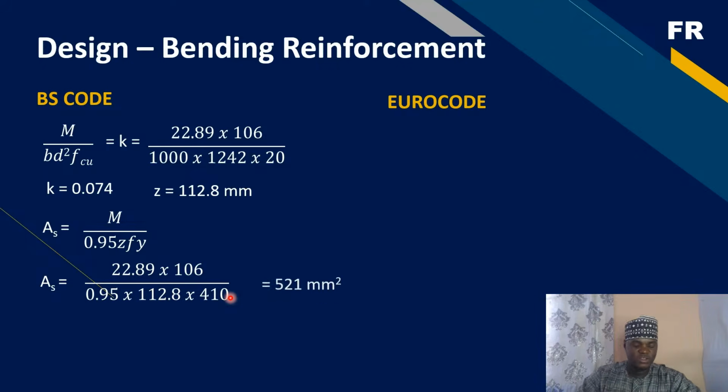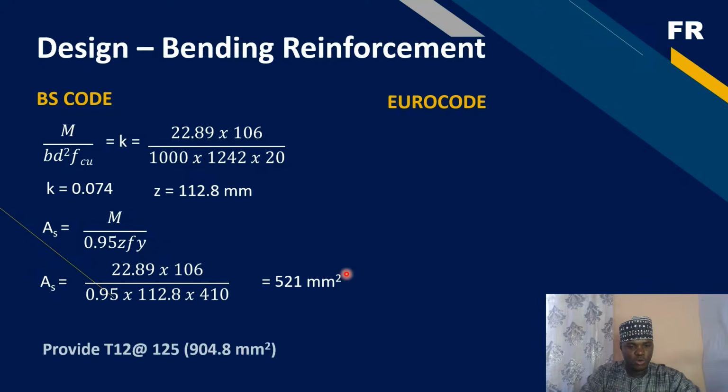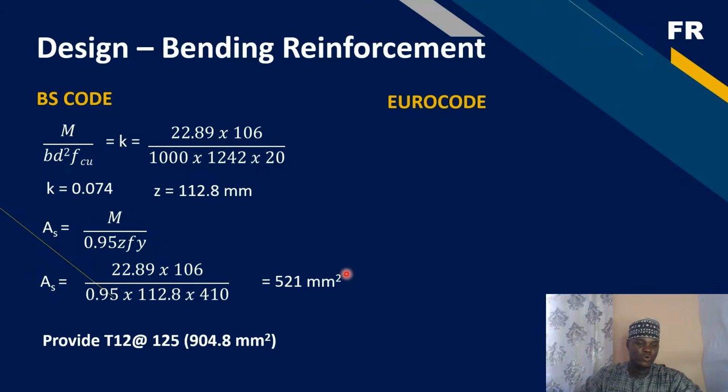At the end of the day, we have an area of 521 millimeters square. So based on this design, if you want to go with a thickness of 150, the reinforcement we are going to provide is T12 at 125. This is what will pass the deflection check.